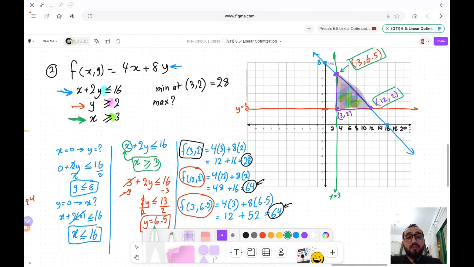Now these 2 points are on the line, the blue line here, which is x plus 2y less than or equal to 16, right? So both of them are on this line here.